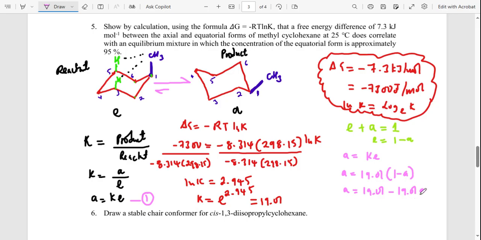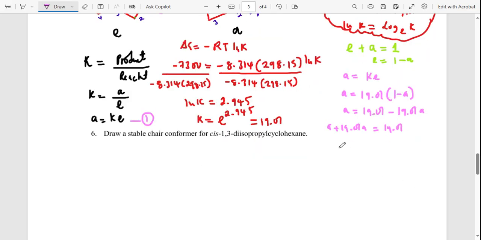We'll take the 19.01A the other side, so it will be A plus 19.01A being equal to 19.01. A plus 19.01A, that is gonna be 20.01A being equal to 19.01. So therefore A is going to be equal to, we'll now divide 19.01 over 20.01.